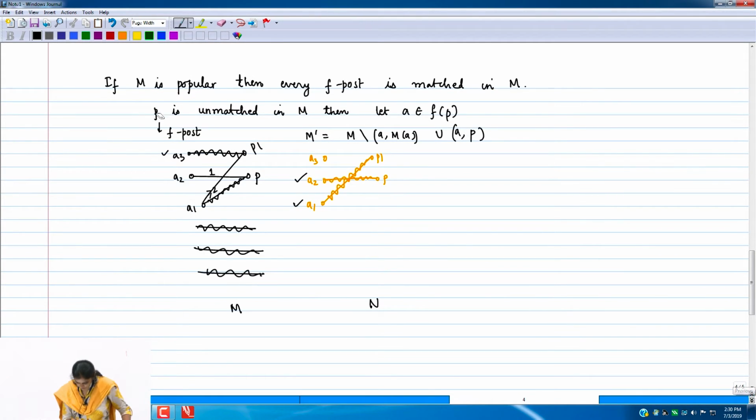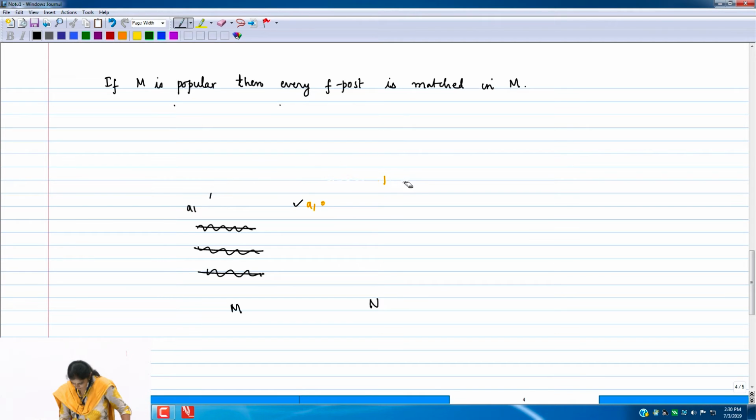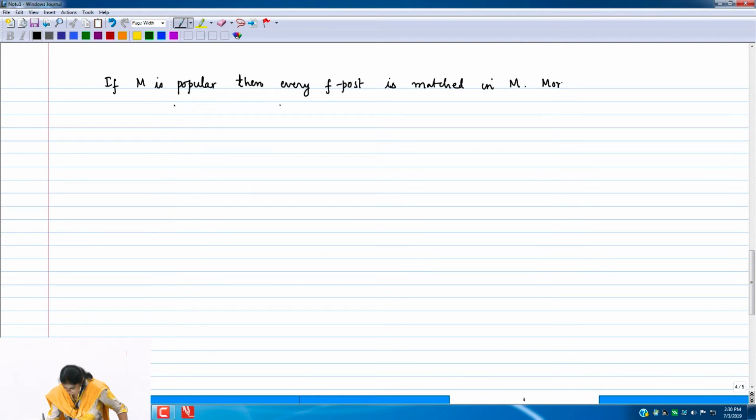So what this tells us is that it should be matched in M. Moreover, M of P belongs to F of P, for every F post P. What this statement says is that the matched partner of P is coming from one of the applicants who treat it as its rank 1 and nobody else, right?